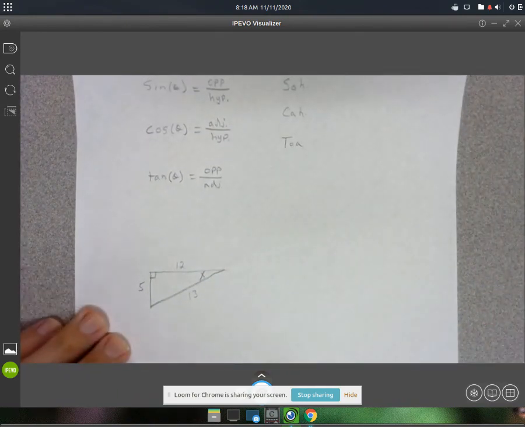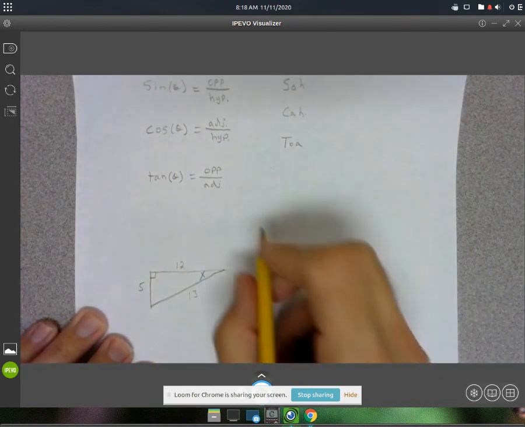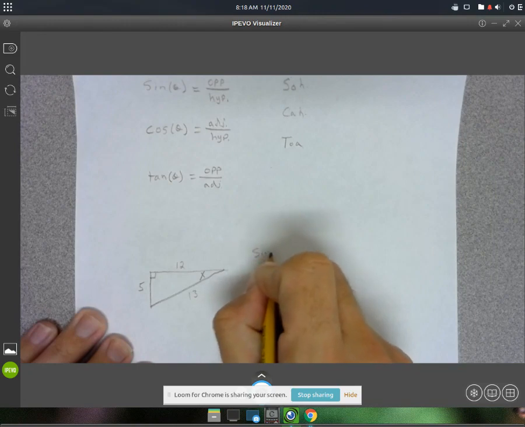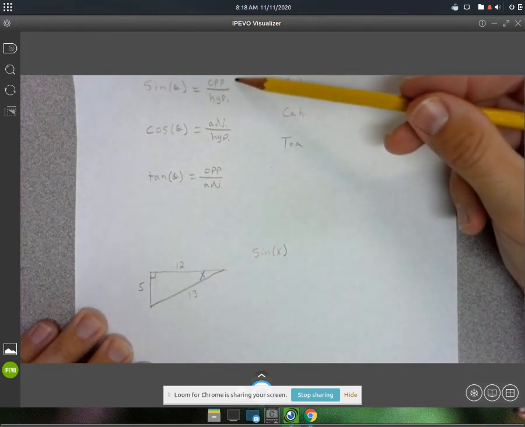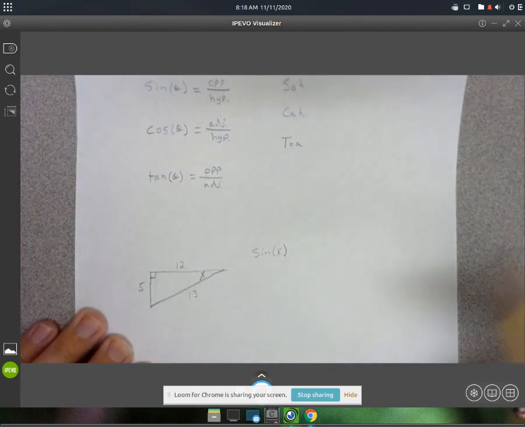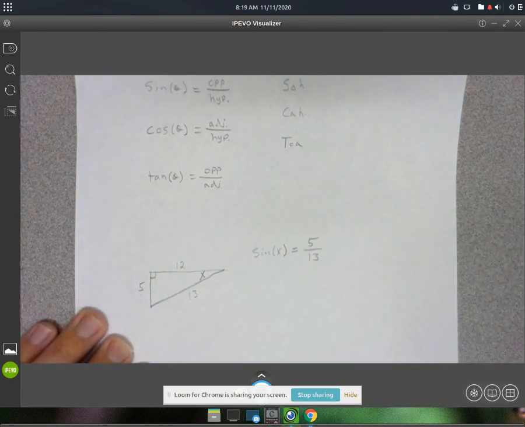I'm looking from x's point of view. If I want to know what sine of x is, sine is equal to the opposite over the hypotenuse. The side opposite x would be this 5, and the hypotenuse would be 13. So sine of x would just be 5 over 13.